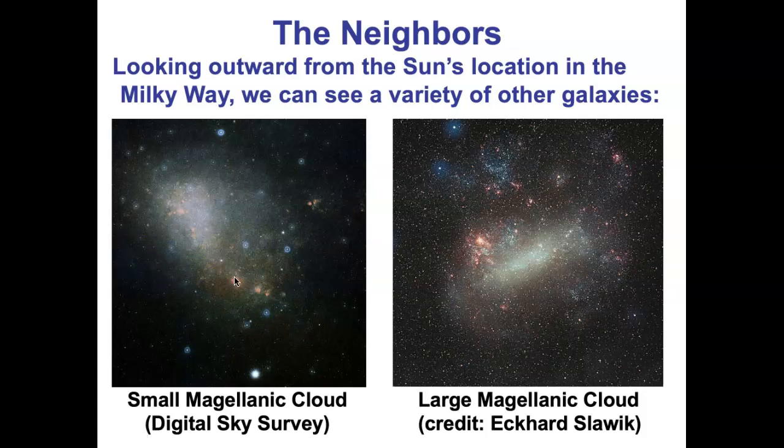What gas gives off a lot of red light when you heat it up? It's hydrogen. So each of these red blotches is another one of those stellar nurseries, one of those H2 regions, because these two galaxies are undergoing a lot of star formation. For a galaxy this size, which is not that big, to have this giant H2 region and a few other decent sized ones over here and over here, there's a lot going on in this galaxy. There's a heck of a lot going on over here in the Tarantula Nebula, like we talked about last time.